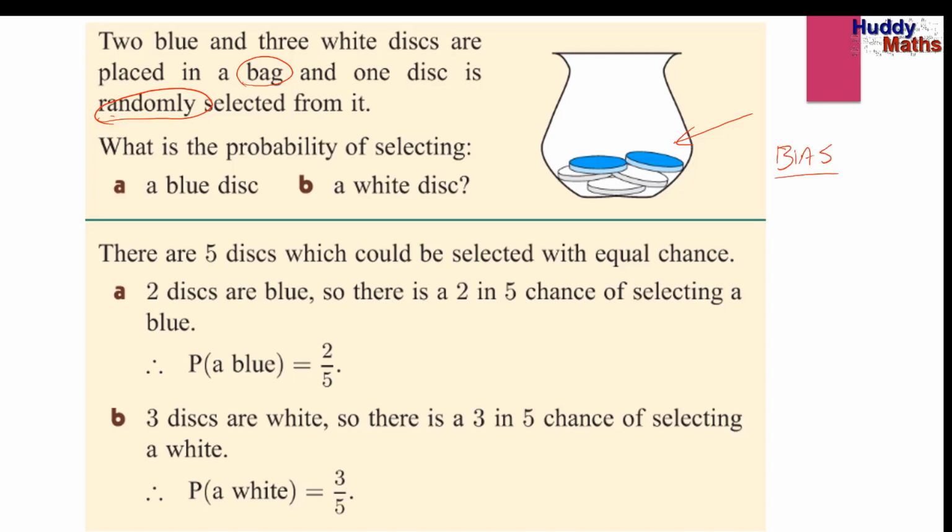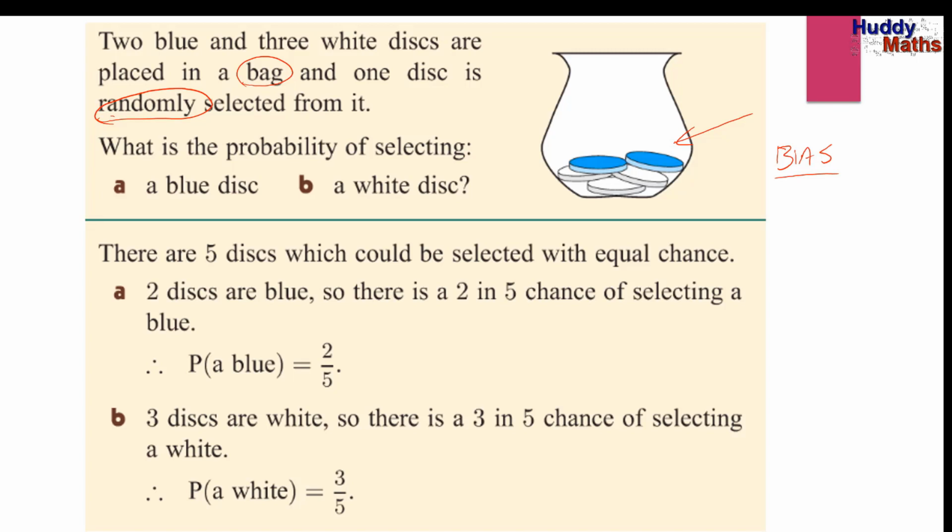So you can't see inside the bottle here. It looks like a bottle. It's supposed to be a bag. And then, because you can't see it, what would we have to say about the discs? Exactly the same size and fatness, wouldn't they? Because otherwise you might have a better chance to draw one rather than the other. So to be equal in opportunity, random, you can't see them, they have to be the same size.